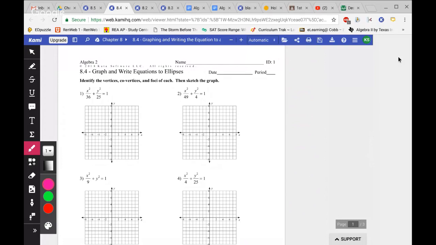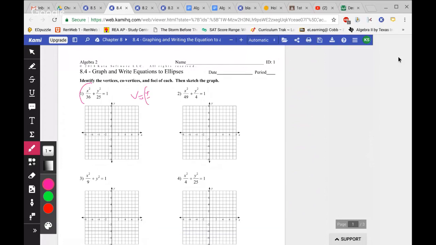On 30, we've got 36 and 25. And then we're also supposed to identify the vertices and co-vertices. So the vertex, once again, for an ellipse, is value. So you take the largest value, and in this case, 36 is bigger than 25. So the vertices also fall in the x position.